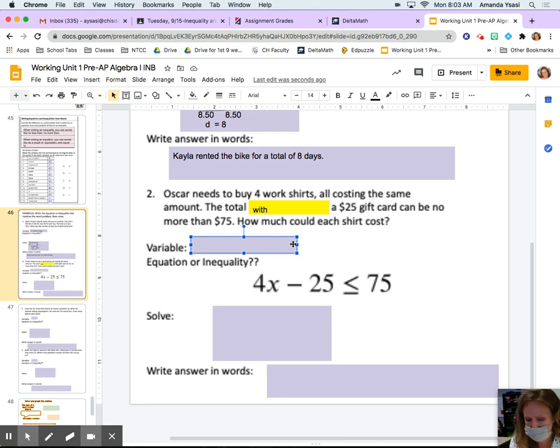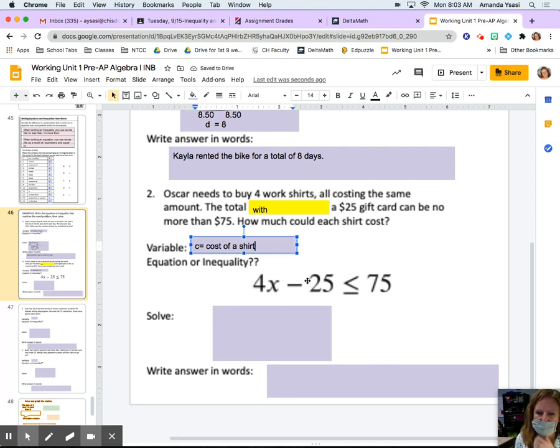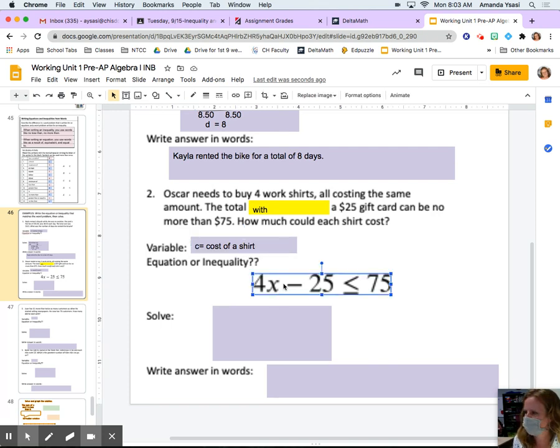C. Cost per shirt. Cost for one shirt. Cost of a shirt. And we used X, I guess, Friday when we did this.